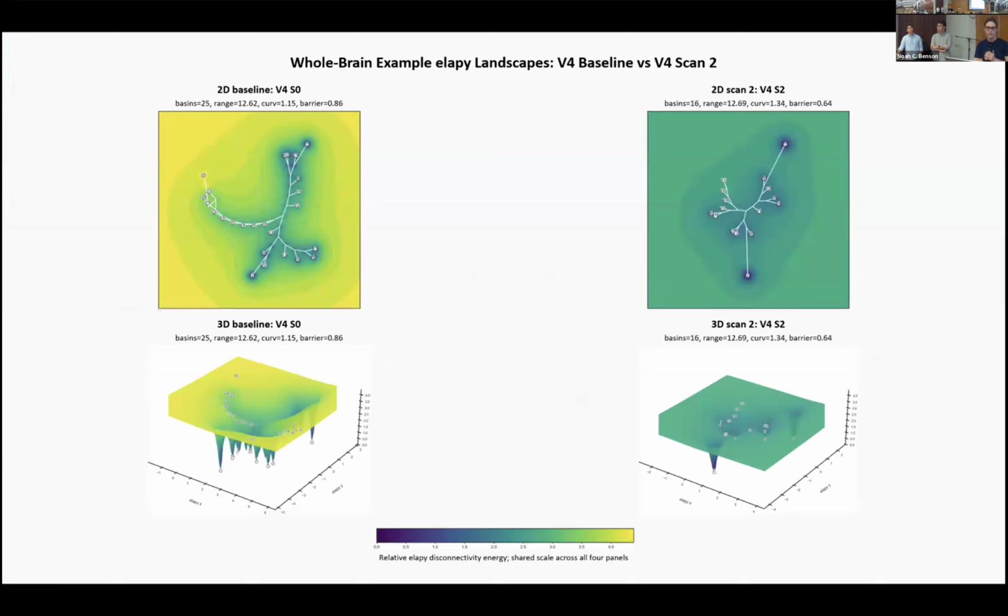Interestingly, this is just one example of baseline versus drug, but we saw pretty striking differences between the topology organizations, and specifically connected components and how they were organized, but also in the size of the basins. So basically how stable different states are. We saw significantly flattened landscapes on drug, as opposed to baseline, which were pretty evenly distributed and much deeper.